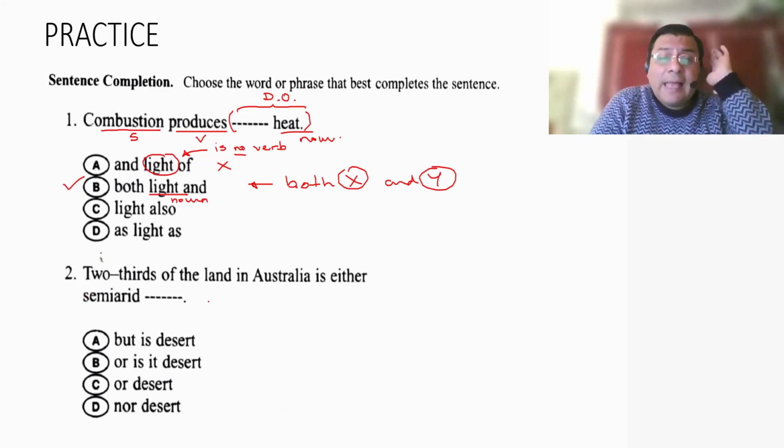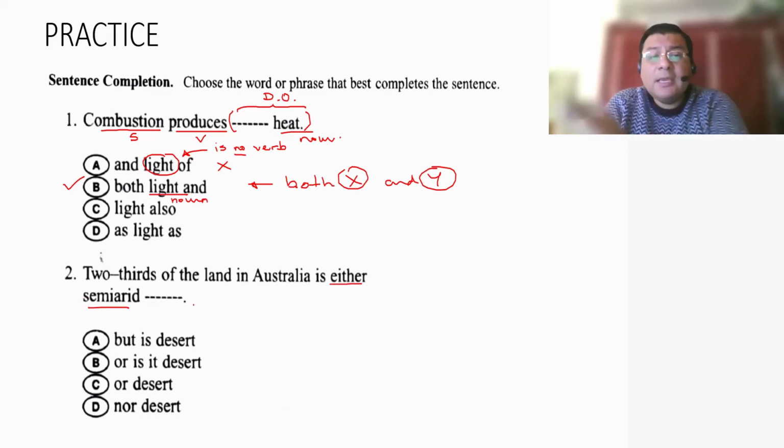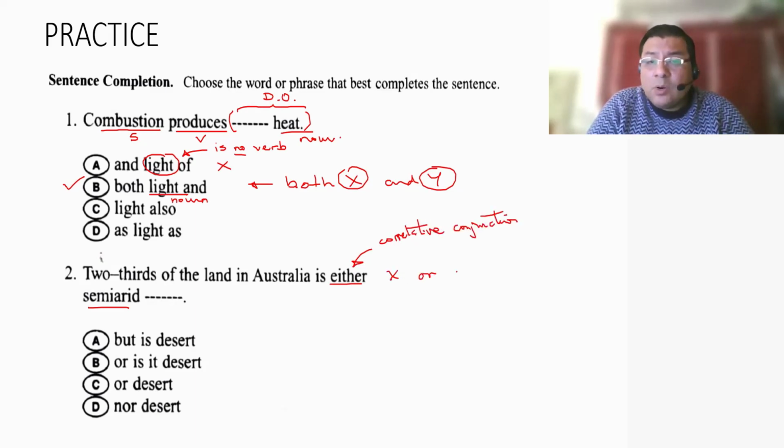Number 2. Two thirds of the land in Australia is either semi-arid, and so on. Let's evaluate the answer choices one at a time. Two thirds of the land in Australia is either semi-arid, but here we can spot the presence of this conjunction, which demands its pair, right? Either X or Y. We're supposed to expect this kind of correlative conjunction in two parts.